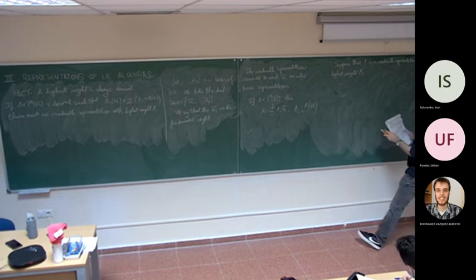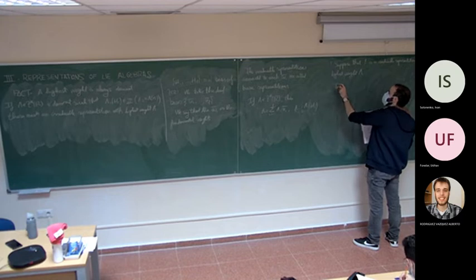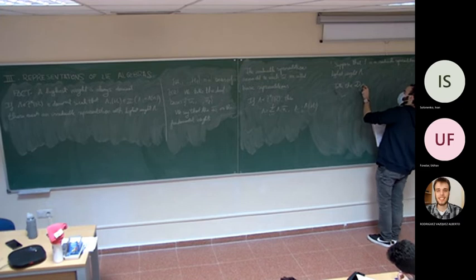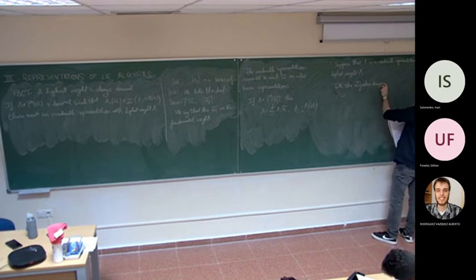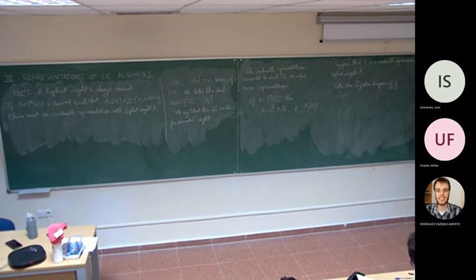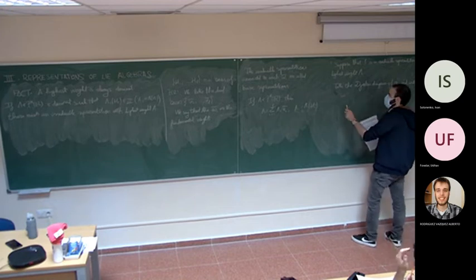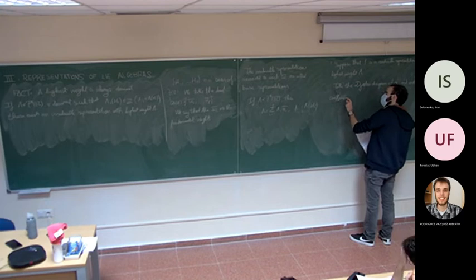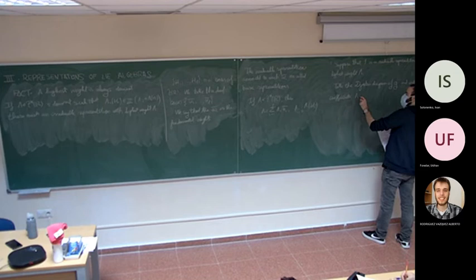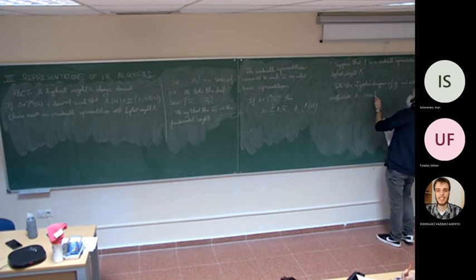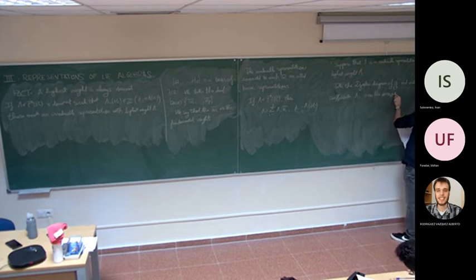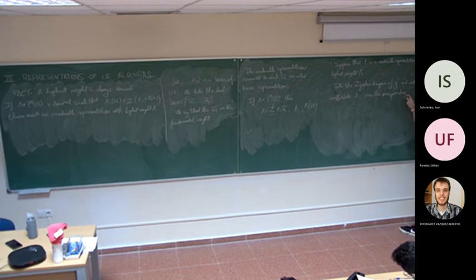Well, we take the Dynkin diagram of G, and we take the nodes corresponding to the representation and write the coefficients lambda I over the corresponding vertices of the diagram.